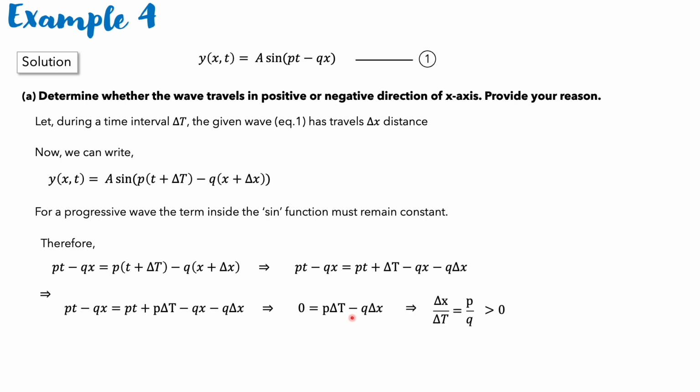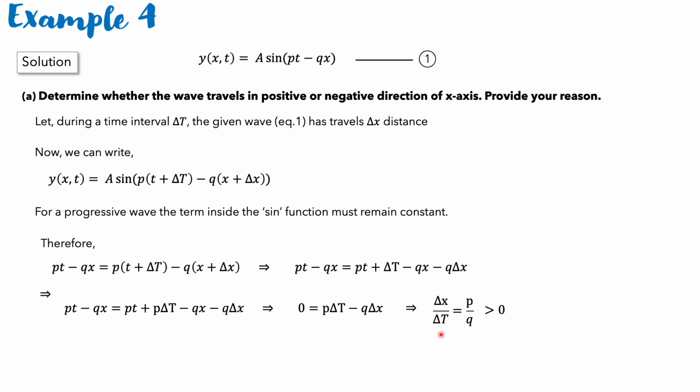Then we rearrange the terms again. We send this on the other side and then divide delta x by delta t, which becomes equal to p over q. You can rearrange the terms and try to find this expression. This is very easy, you can do it. And also you will realize that delta x over delta t is a certain term, right? Can you guess?